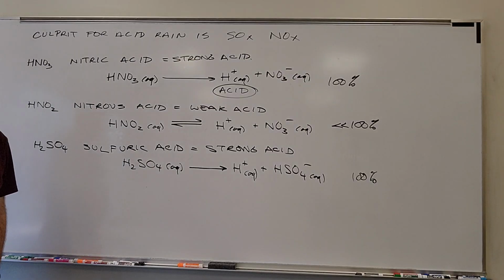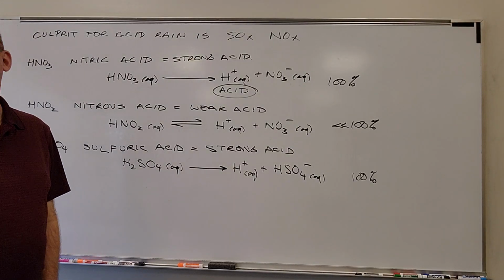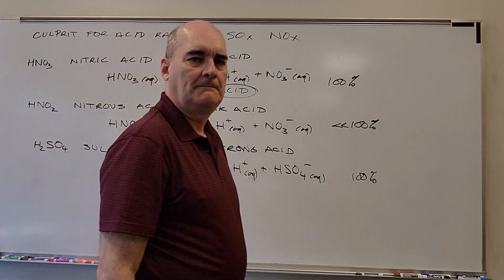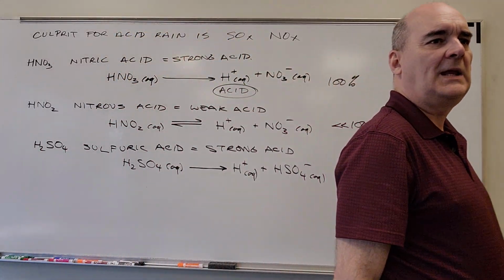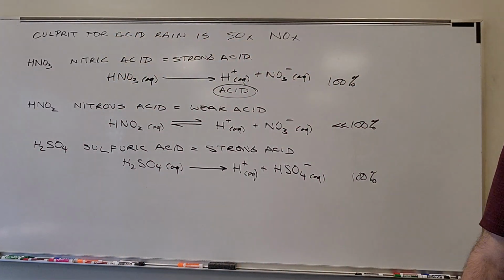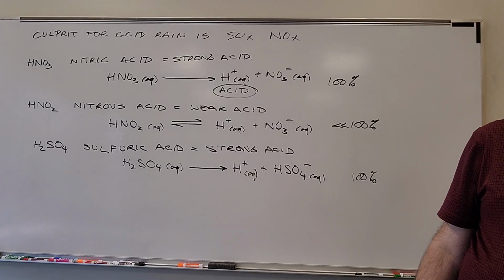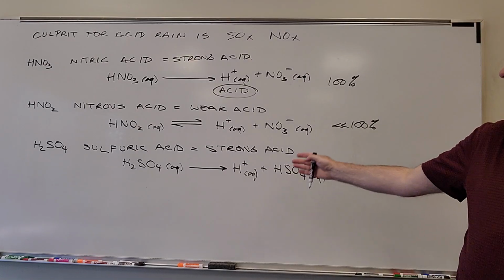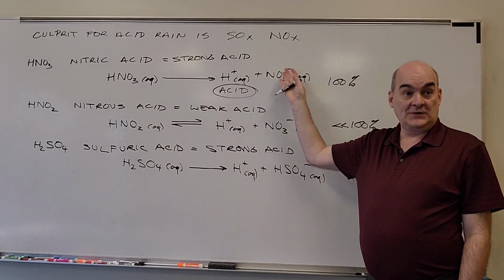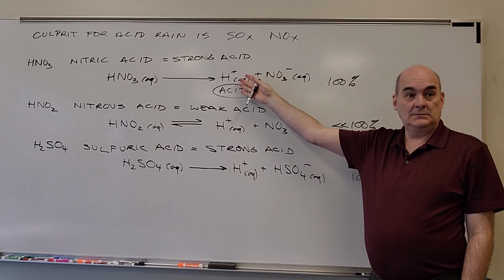What was the word that we gave to dissolved ions? Ions in solution. It's the Gatorade word. Gatorade. There's electrolytes. These are ions, and they're dissolved in solution. These are electrolytes. Okay?